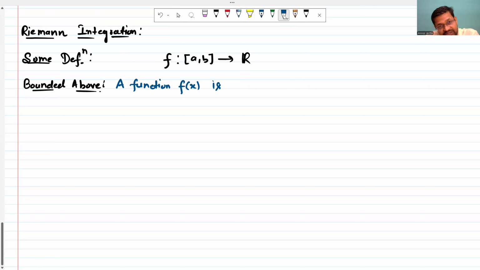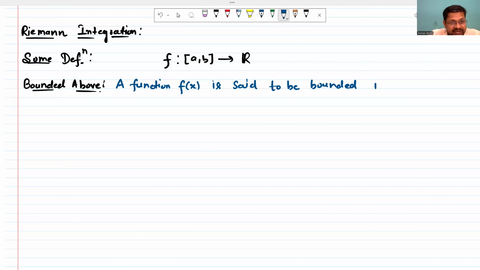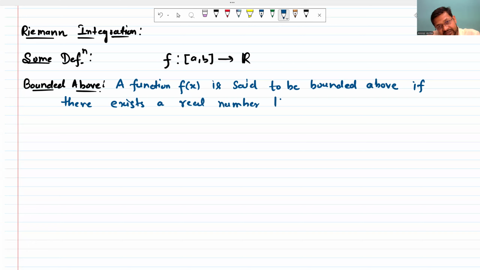A function fx is said to be bounded above if there exists a real number, इसका नाम कैपिटल के रख दो, such that this fx is always less or equal to capital K for all x from this interval I. I means the closed interval a comma b.